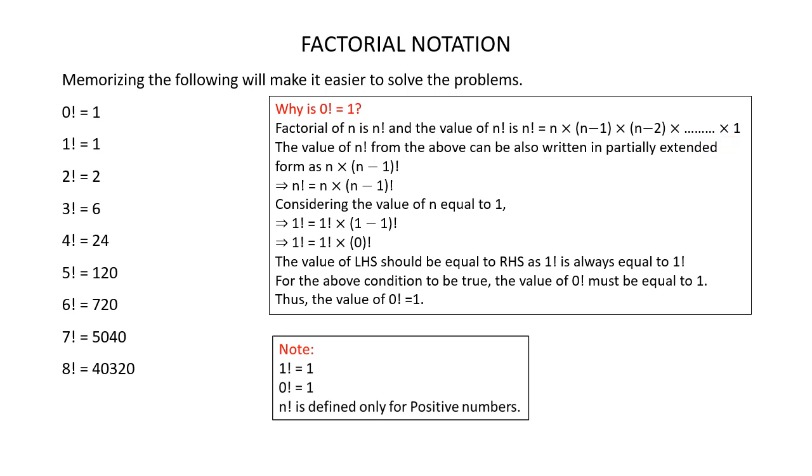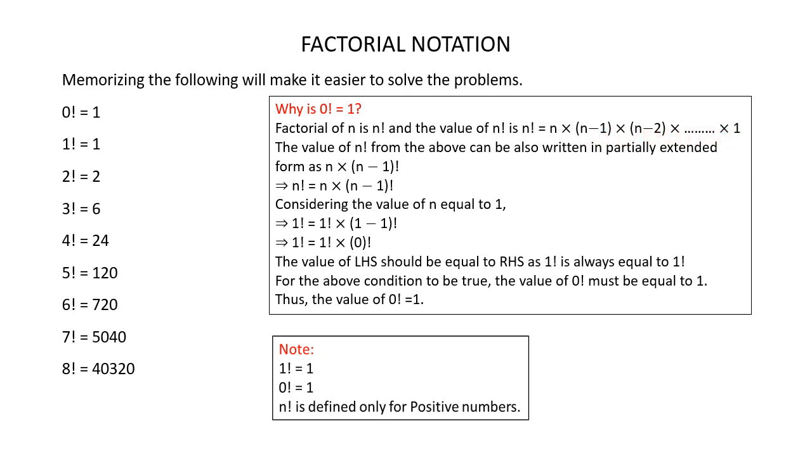Now, as you can see here, n minus 1 multiplied by n minus 2 multiplied by n minus 3 and so on till you reach 1 is nothing but n minus 1 factorial, because the numbers starting from n minus 1 are getting reduced by 1 till you reach the number 1. So this is nothing but n minus 1 factorial.